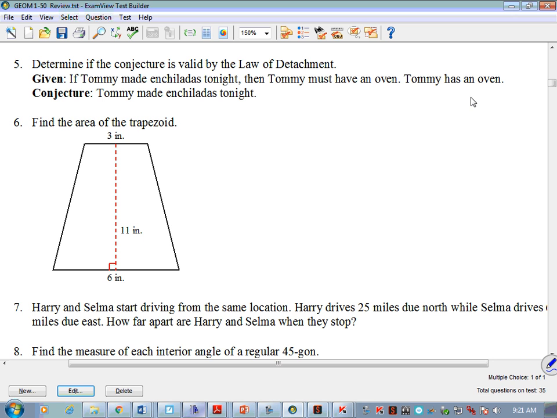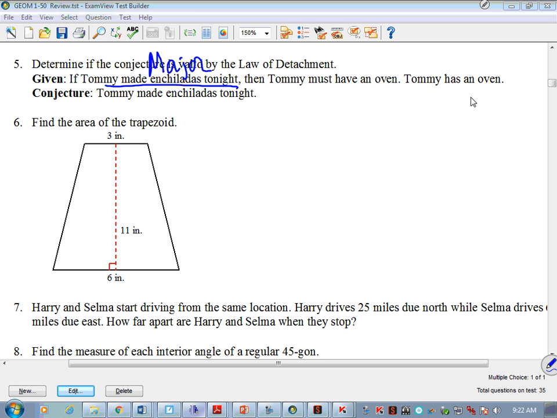Brady? No. That's my minor, actually, in this case. My major premise. Well, process of elimination, Erica. Tommy made enchiladas tonight. This is the major, which if you like enchiladas, you understand.